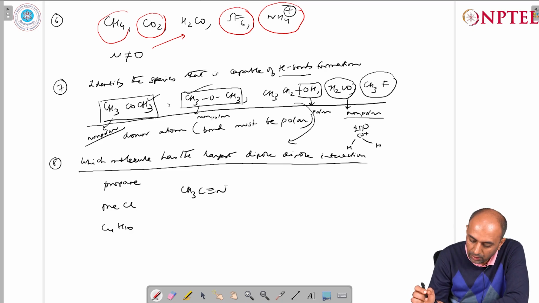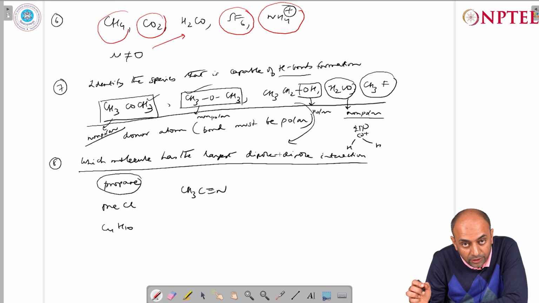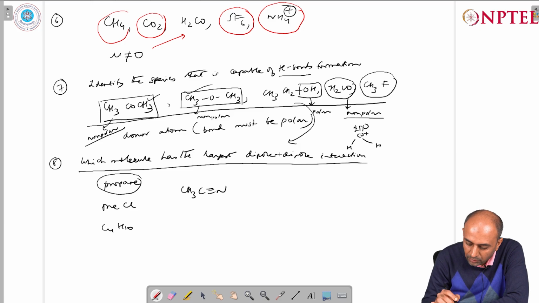In case of propane, it's a non-polar species, so definitely the dipole-dipole interaction will not be there. It will belong to the category of dispersive interactions which we study, that is the instantaneous dipole induced dipole interactions. Methyl chloride definitely has a non-zero dipole moment. It is expected to have dipole-dipole interactions.